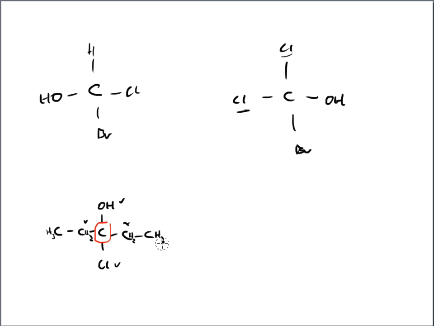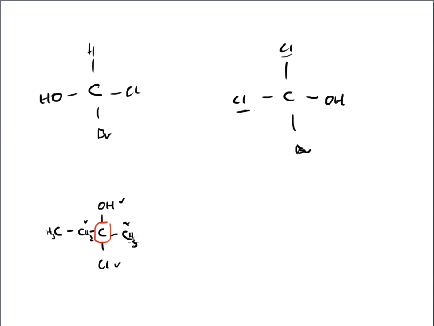However, if I erase one of these carbons, look at this, and I put a CH3 there, now we're talking. Now we're in business. This is an ethyl group, and it's a methyl group, and it's an OH group, and it's a Cl group. There are 4 different groups attached onto that carbon, which makes that carbon chiral.